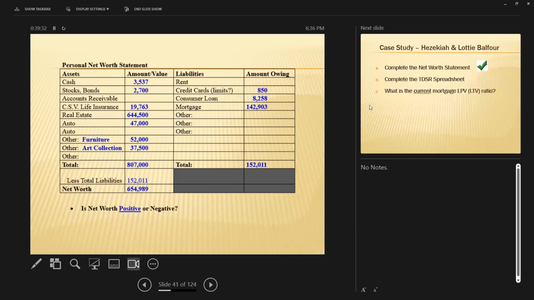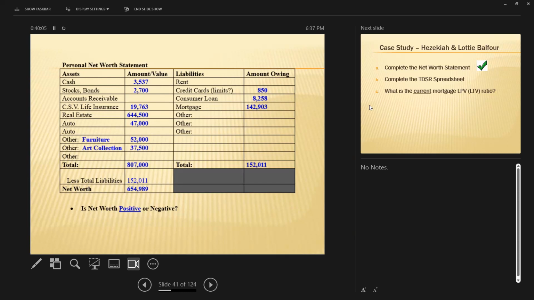I understand where it fits in with regards to the structure. I just didn't know the furniture was considered an asset. Yes, it's tangible. It's something that they own. So all vehicles are assets as well. Any tangible assets.